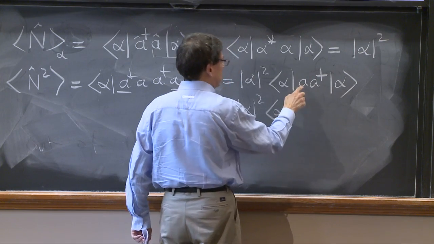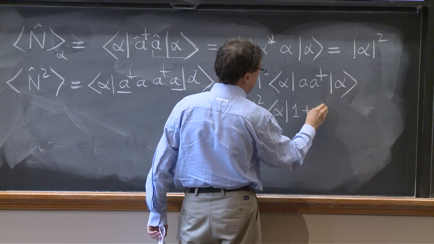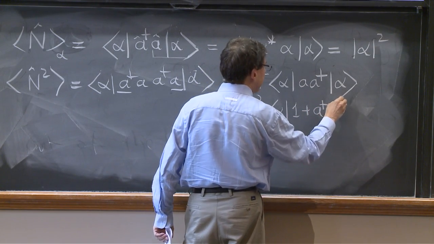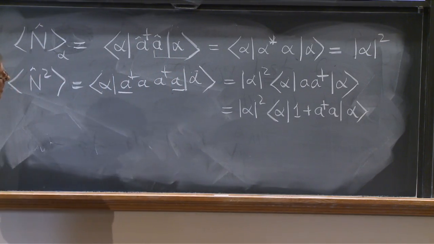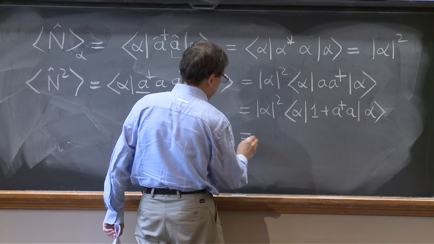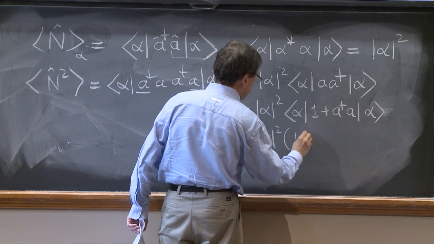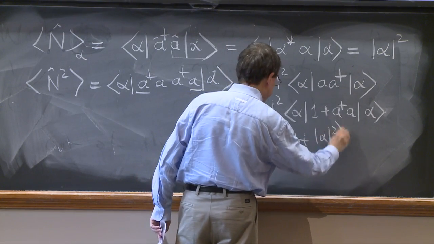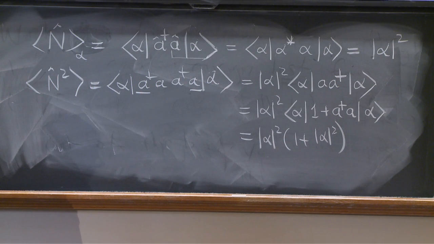So this is equal to the commutator, which is 1, plus the thing in the reverse order. And this is 1 plus alpha squared. So here you have alpha squared times 1 plus alpha squared. And that's the expectation value of n squared.